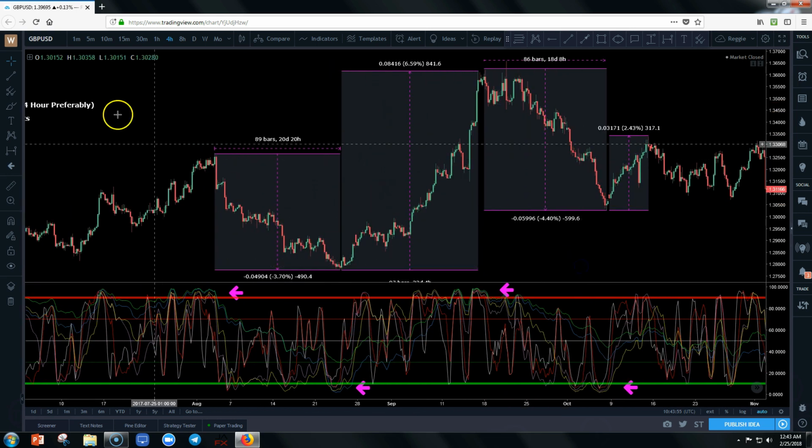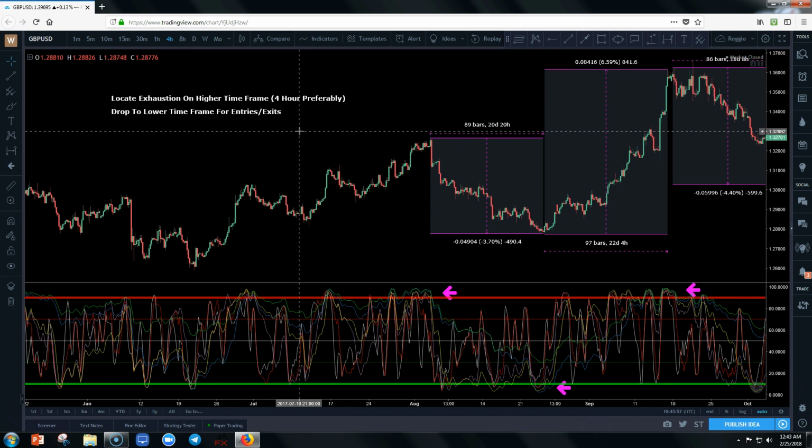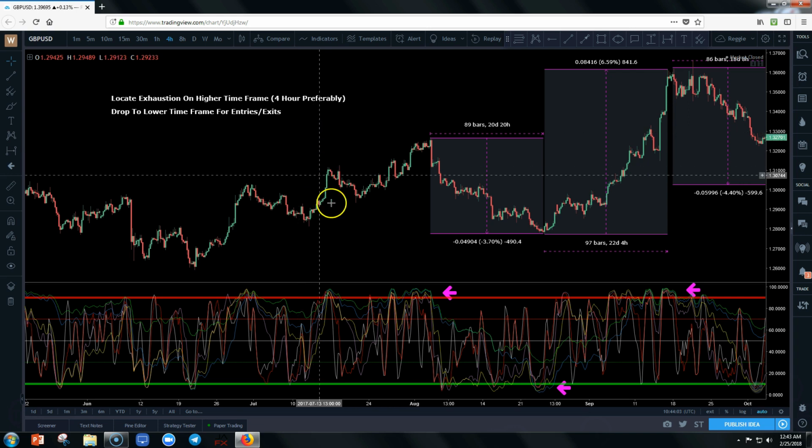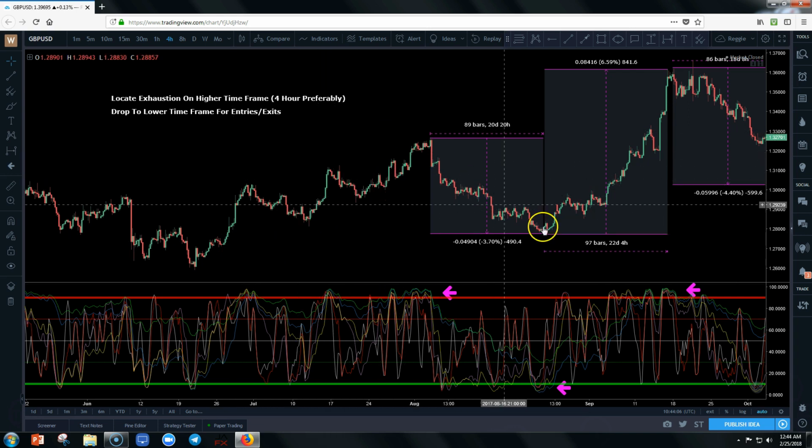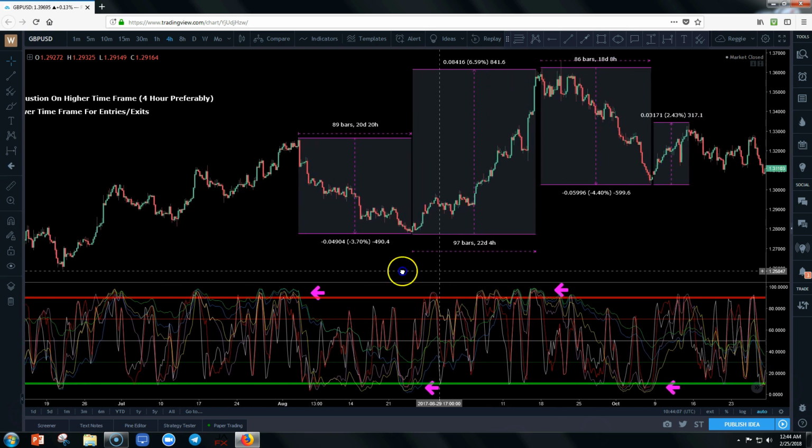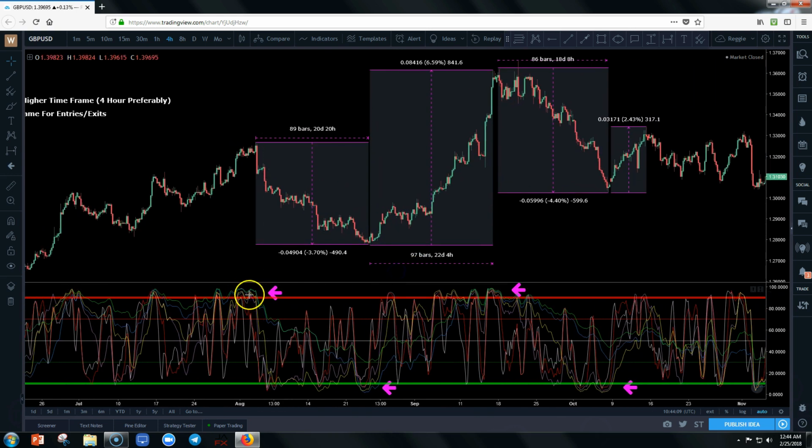First things first, we look on a higher time frame, right? Why the 4-hour chart? Because I believe that the 4-hour chart measures a true movement in the market, whether it be bullish or bearish. And it's as easy as finding convergence points. Whenever all the waves converge on one certain area of the market, so right here it's converging at the red line, which means ultimately we'll be looking for sells.